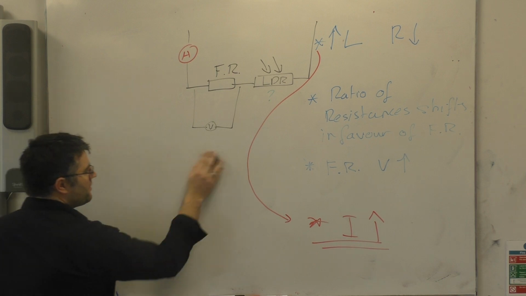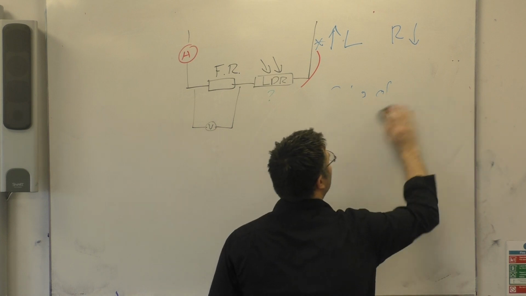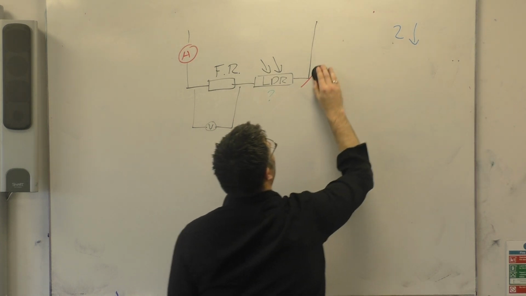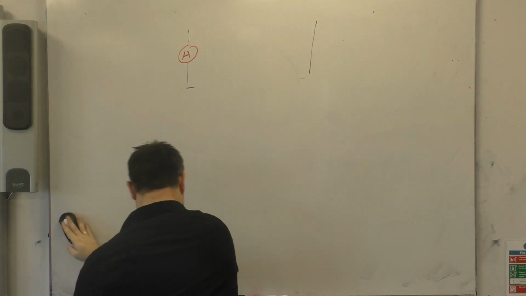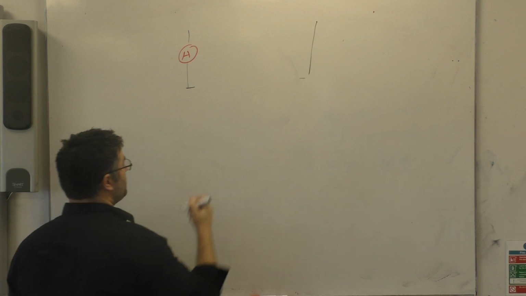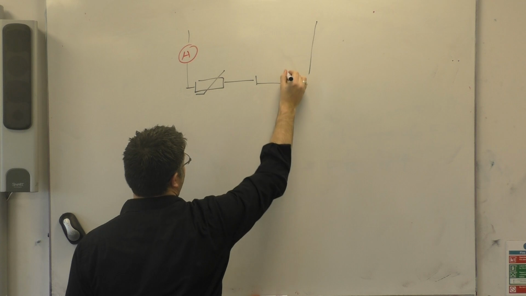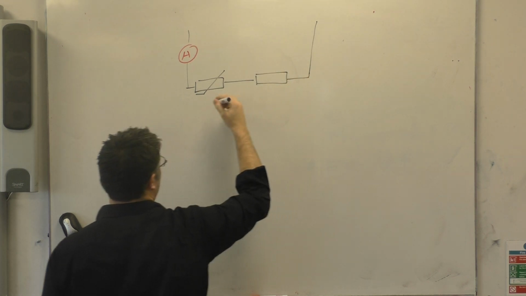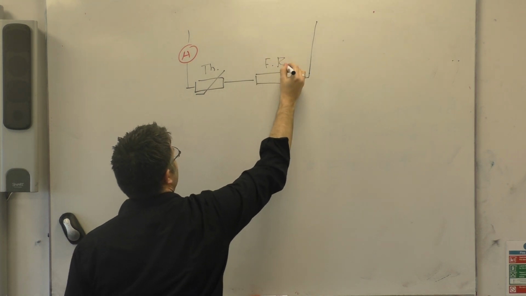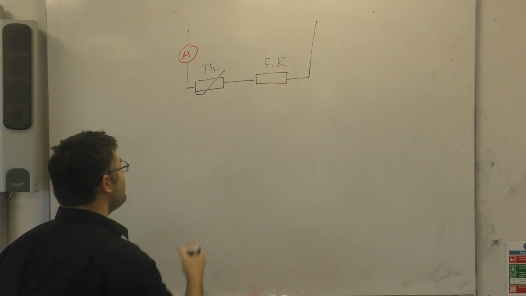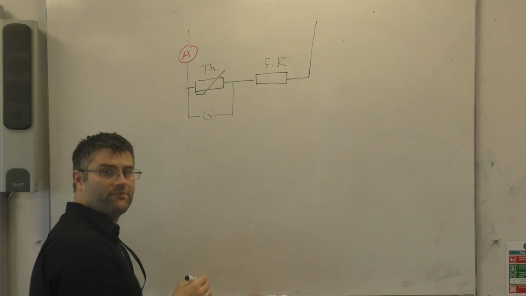Right, let's look at the thermistor. We're going to put the thermistor in a different position, with a fixed resistor. This time we're going to put my voltmeter across my thermistor.